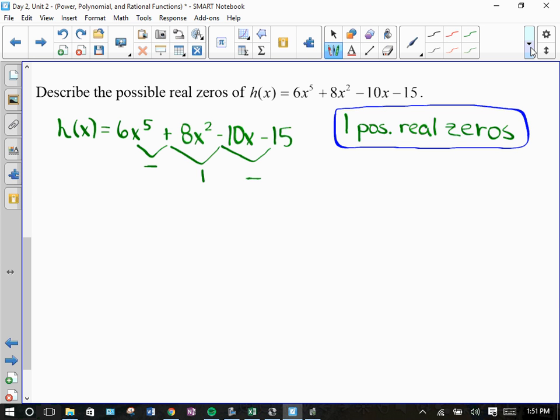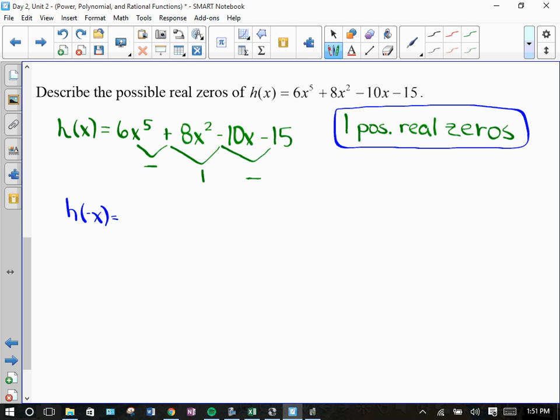Alright. Now we're going to look at the negative zeros, h of negative x. So, what do I do here? How do I figure out h of negative x? If the exponent is odd, what happens to the sign of that term?